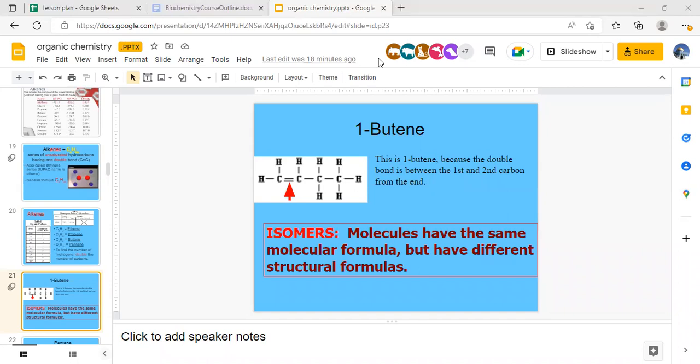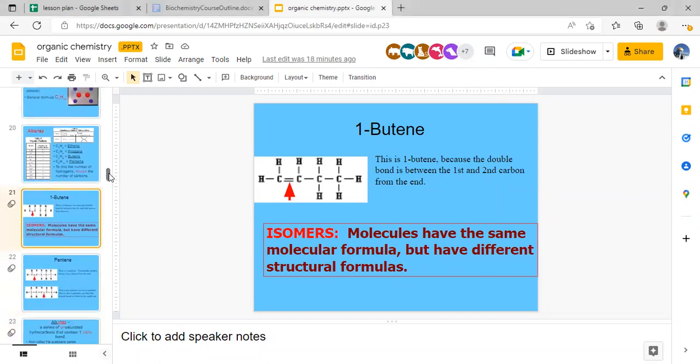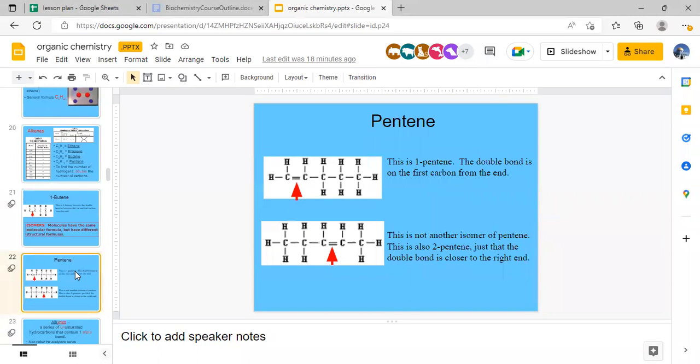So sometimes we label, when we go to organic chemistry, ito yung pinakamahirap sa organic chemistry, yung pag-label. Okay? Dito naman, yung butene mo, nasan yung double bond? Between carbon 1 and carbon 2, lagyan mo 1 butene. Kung between carbon 2 and carbon 3, that's 2 butene. But we won't go into that, no? We don't have time to discuss that. But yun lang yung difference nung dalawang structures.